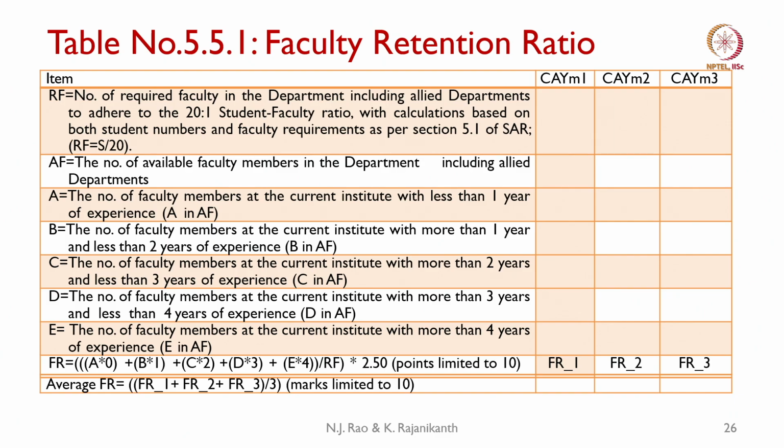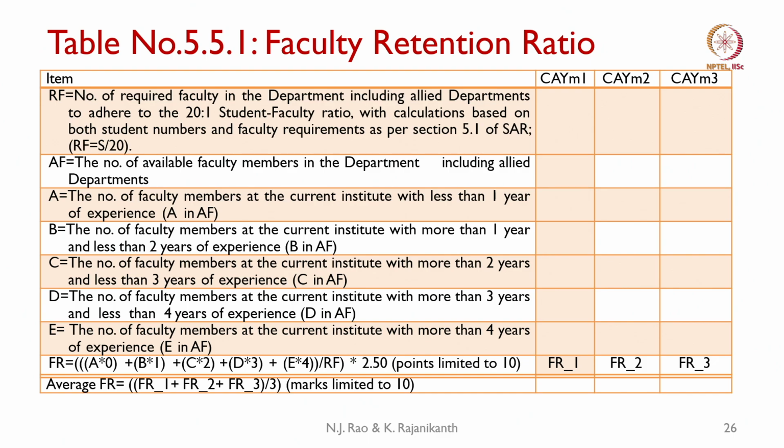So it is possible that in a department we have adequate faculty in terms of numbers, but still the faculty retention value is 0. So one must be careful to ensure that the department provides attractive incentives for the faculty to remain with the department.